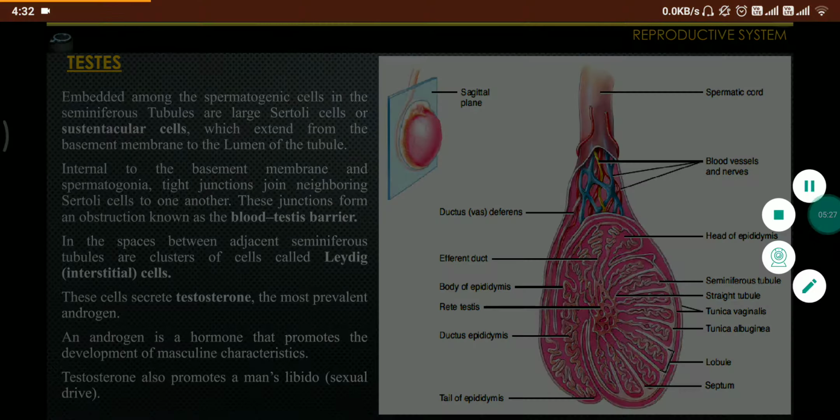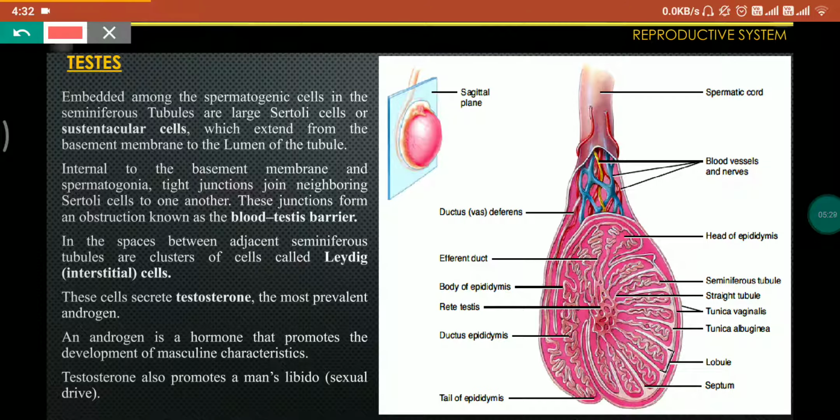Here we can see the pink layer. The outermost layer is called the tunica vaginalis, and after that there is another, white layer called the tunica albuginea, which invaginates into the testis, leading to the formation of lobes and lobules.